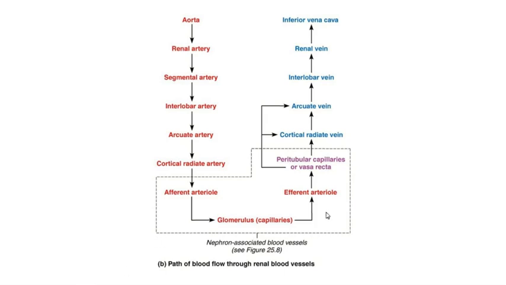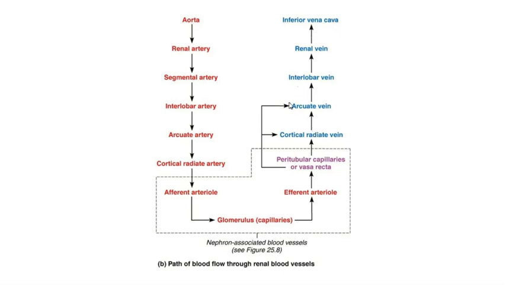In a little bit, we'll take a look at a structure called the nephron, which is essentially a fine ball of capillaries that has a collecting duct associated with it. For now, we'll skip those.